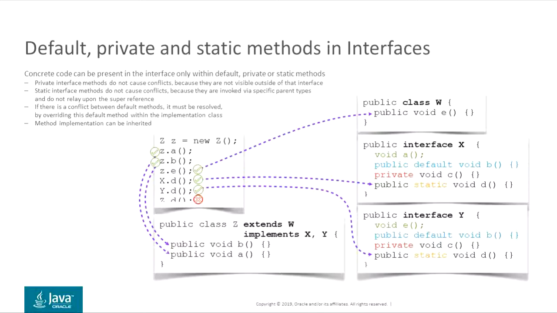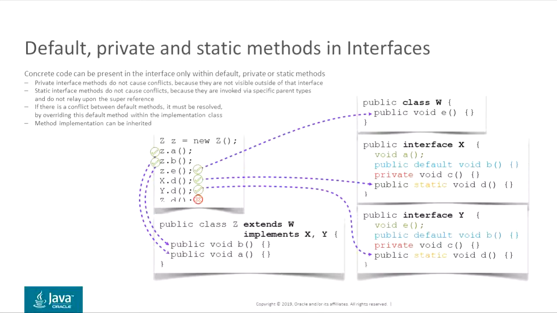However, class Z has to implement method B because there's a conflict between the X and Y interfaces. And of course, it has to override the method A because that's the abstract method in the interface X, and there's no concrete implementation in the class Z for that method unless you override it. So with default methods, you may have to resolve the conflict.